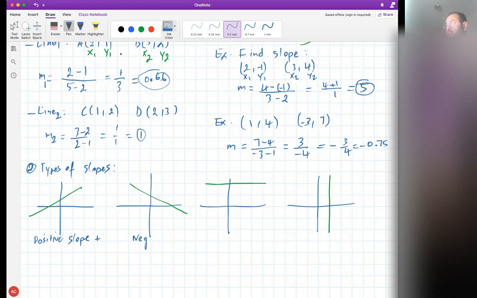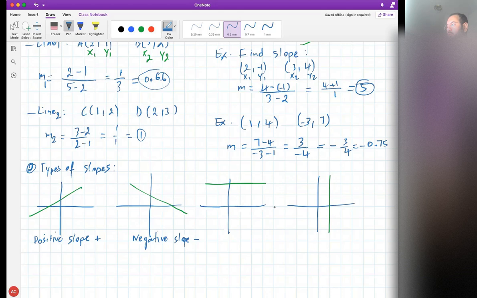We can find the value using the formula. We're going to need 2 points, plug them into the formula and find it. But at least we can tell the sign of it. The sign here is negative. Positive, negative. This one here is horizontal.